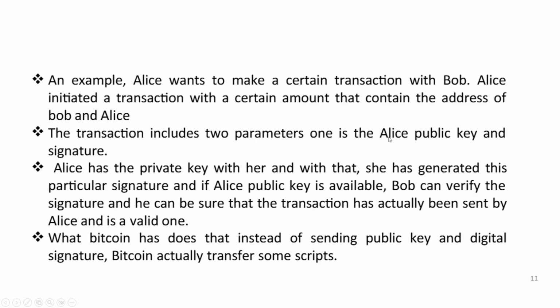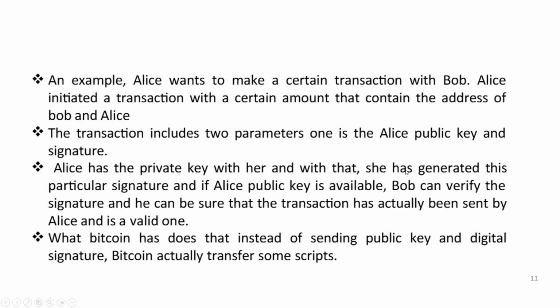So from Alice's public key to Bob's public key. This transaction will have two parts. One is Alice's public key and the signature. See, when there is a username, there is always a password, right? So Alice has a private key, a password with her, and with that she is generating one signature.